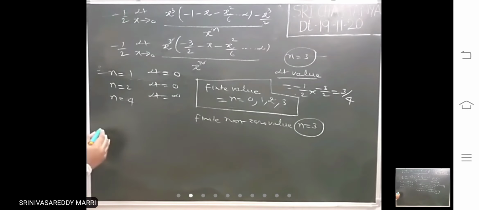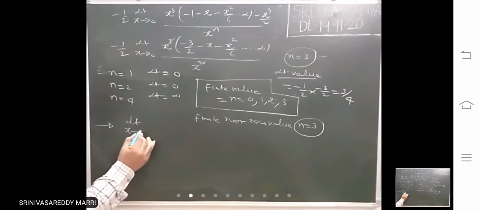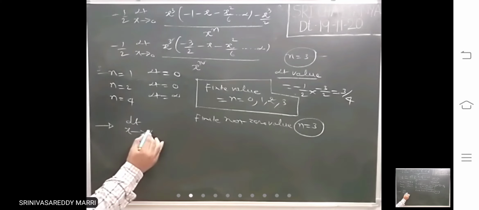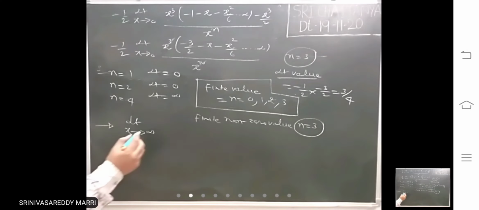Look at the next models. Now, limit x tends to infinity models. We have seen x tends to a. Now x tends to infinity.